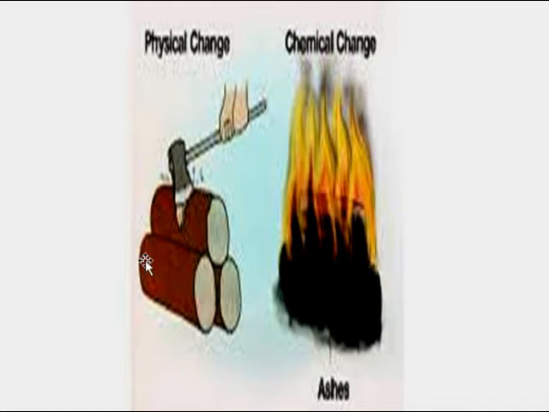They may change physically, and they may only have an apparent change without losing their original properties. That means we don't change its identity. And what about chemical change? We burn this wood and convert it to another substance.